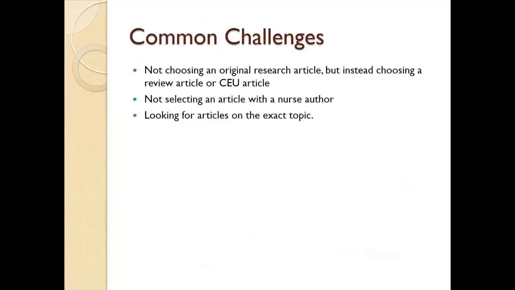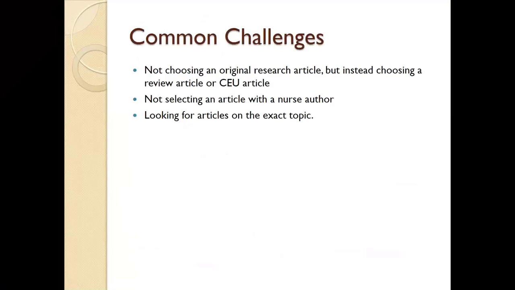Okay, some common challenges that I see when working with students is that they're not choosing an original research article, but pulling out a review or looking at a continuing education article, selecting articles that are not nursing focused, so that a doctor or public health person is the primary author or authors.